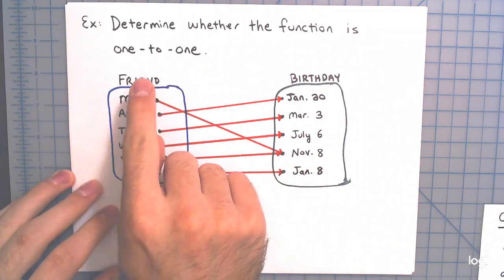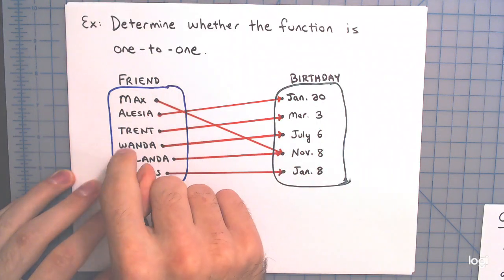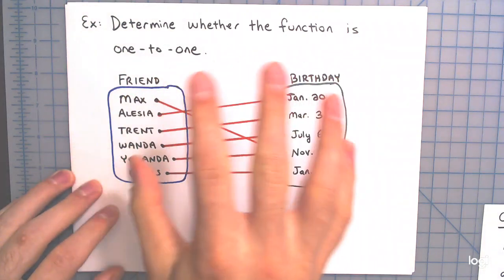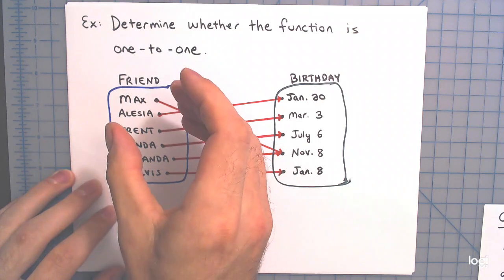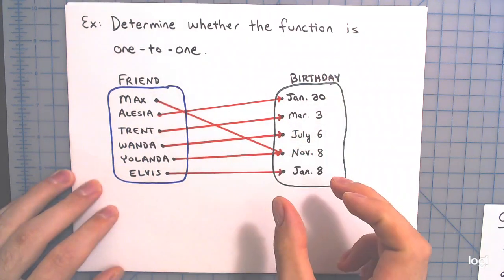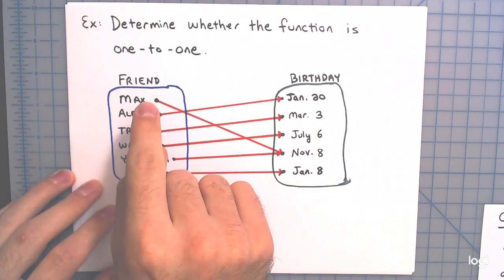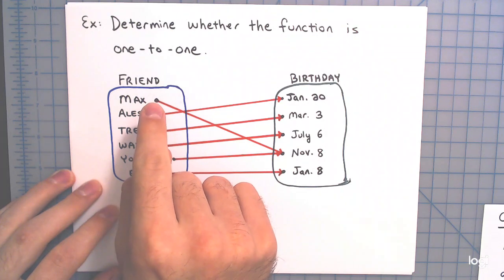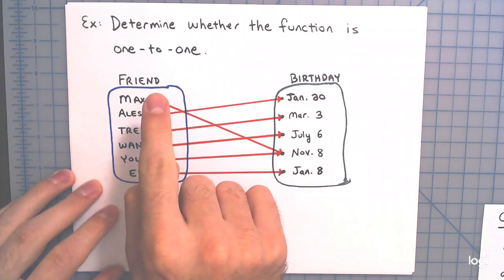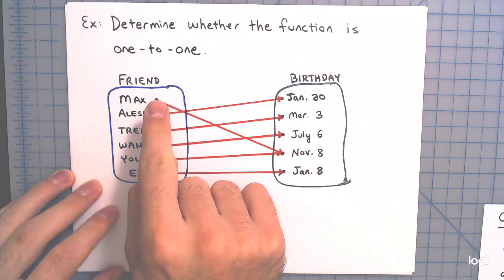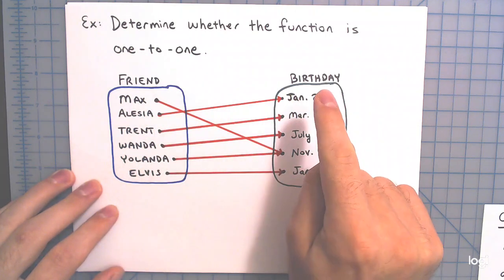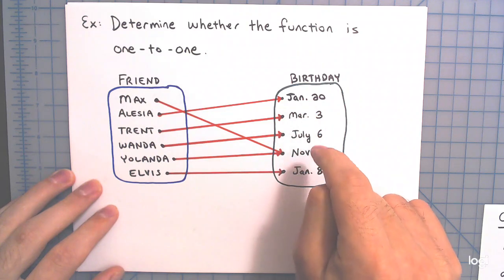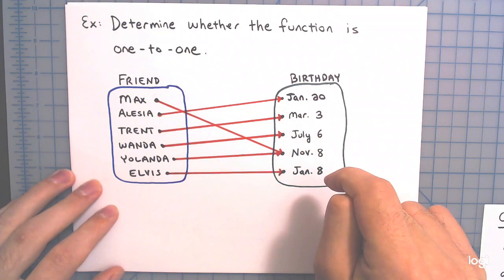So I have a relationship between two sets here: friend names, names of my friends, and birth dates. You see the arrows are going from the friend names to birth dates. So the inputs, the values of the domain, are the friends, and the outputs, the values of the range, are these birth dates.